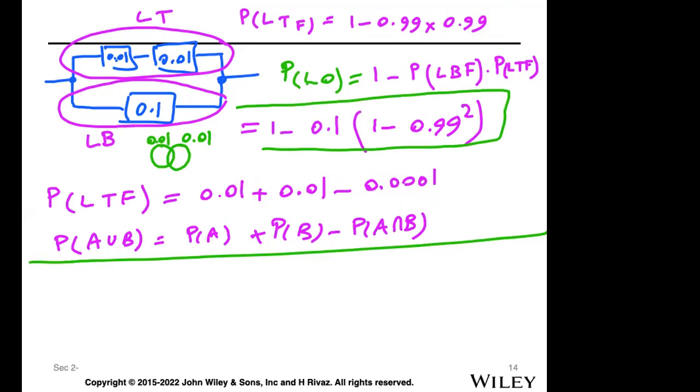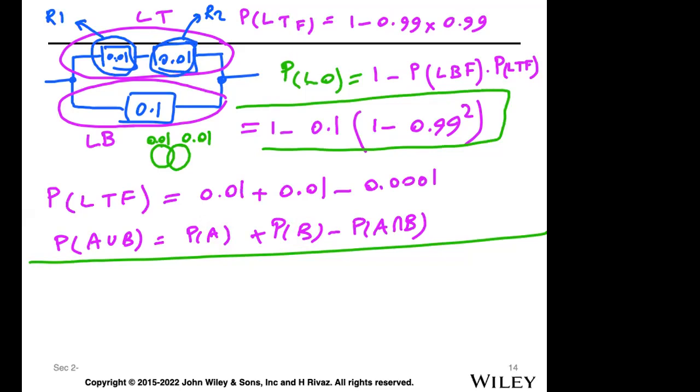Oh, so intersection here means that A fails, and so what is A? So let's call these guys some names. Let's call this resistor 1, and let's call this resistor 2, right?